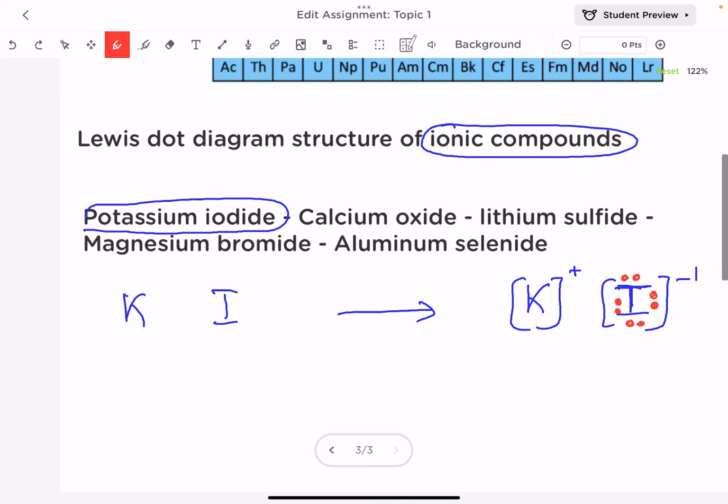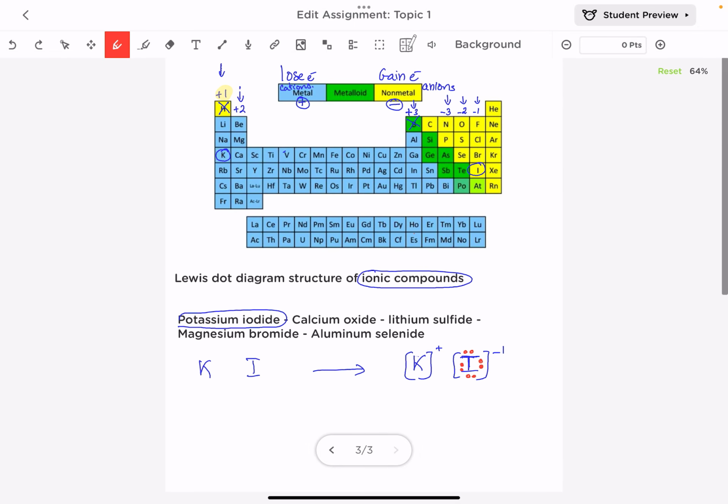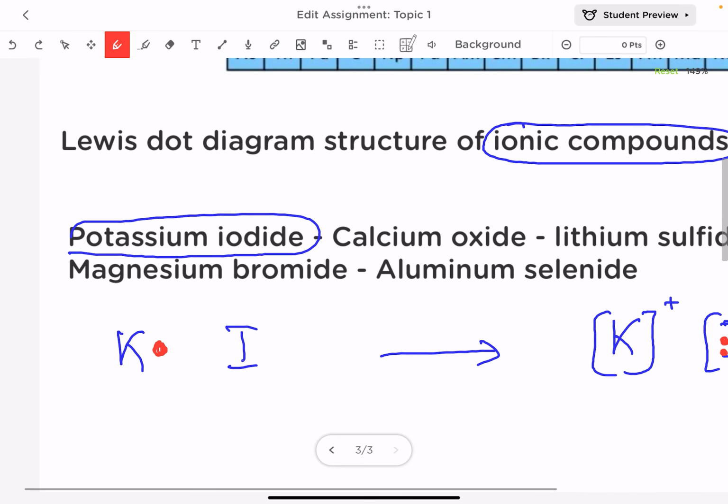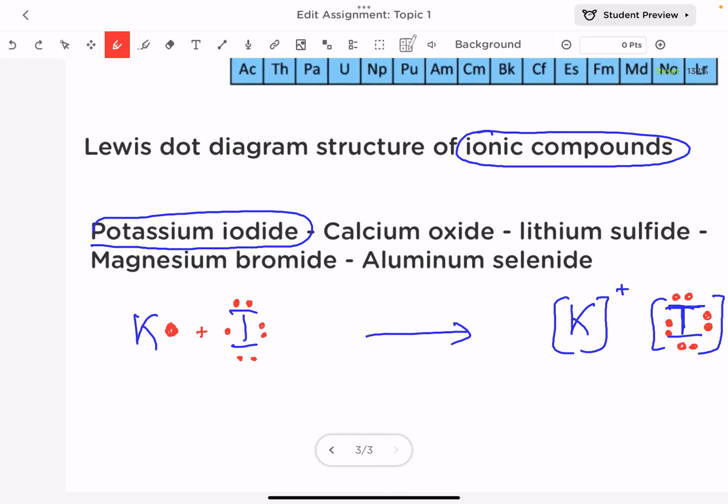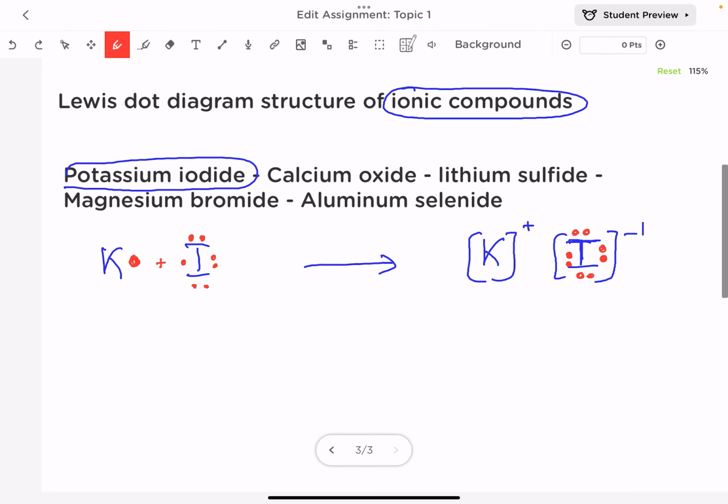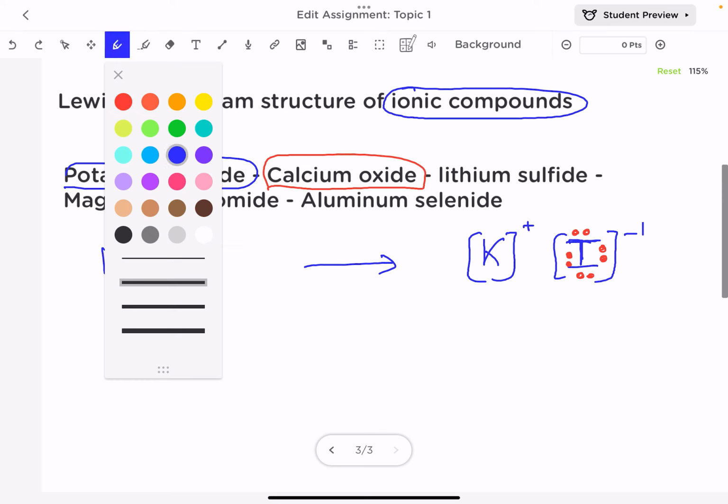Now before doing so, K is in group 1, it has 1 valence electron, and I is in group 17, it has 7 valence electrons. That's it. You're done.